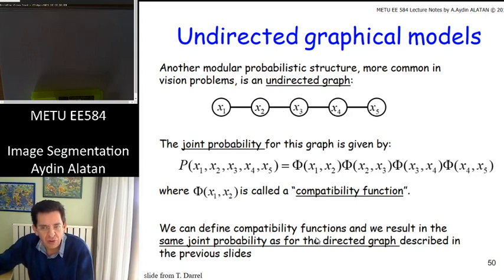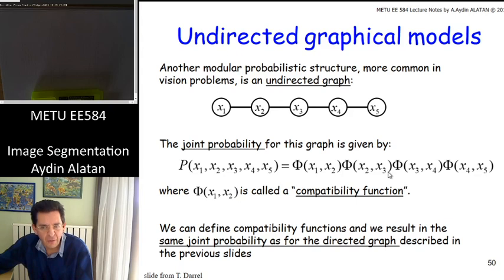And please note, just like before, just like writing these as multiplicative terms by the assumption of the Markovian property, I can obtain the joint probability of these random variables by the multiplication of these pairs.